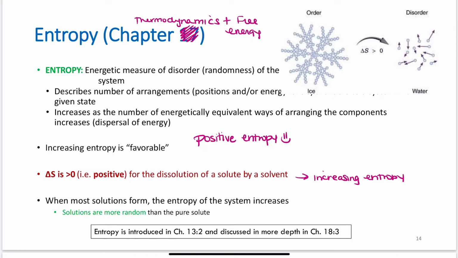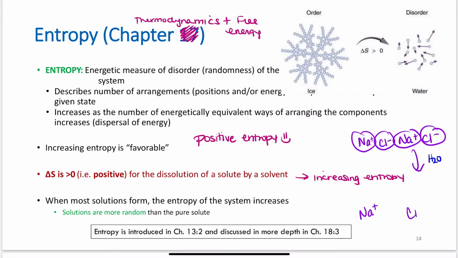Think about sodium chloride. If I have sodium chloride and I dissolve this in water, I now have sodium ions floating around and chloride ions floating around. That has increased the entropy.